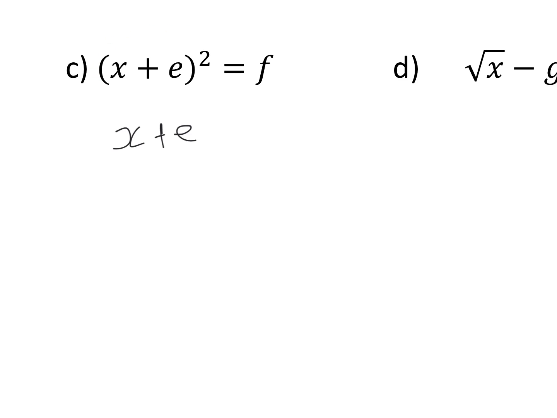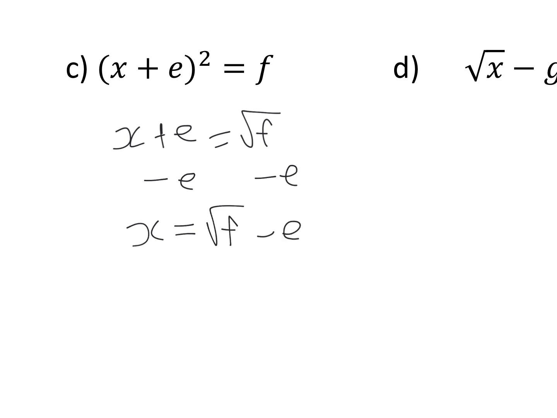So if we've taken the square root of the left hand side, we've got to take the square root of the right hand side, and that will give us the square root of f. So just to recap, if the whole left hand side is squared, then we can square root the whole left hand side, and that reverses it and means we don't have the squared there anymore. We're then left with just x plus e. We can get rid of that e by taking e from both sides, and we have the square root of f minus e.